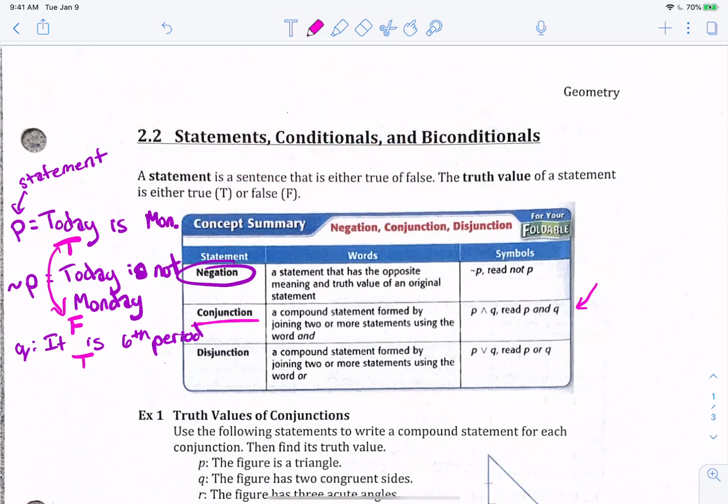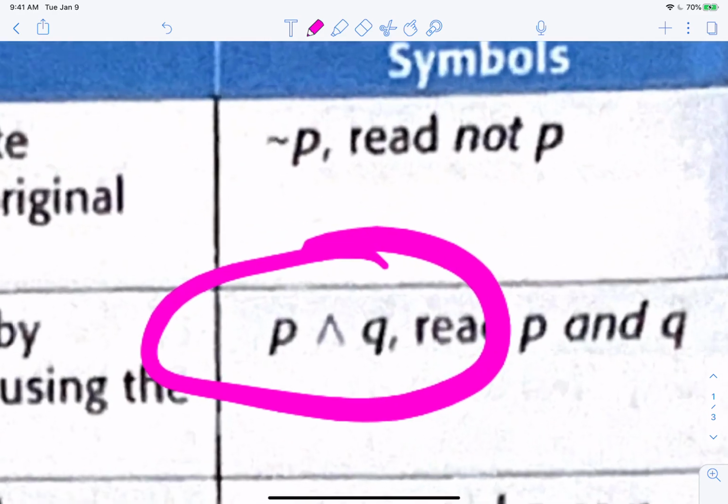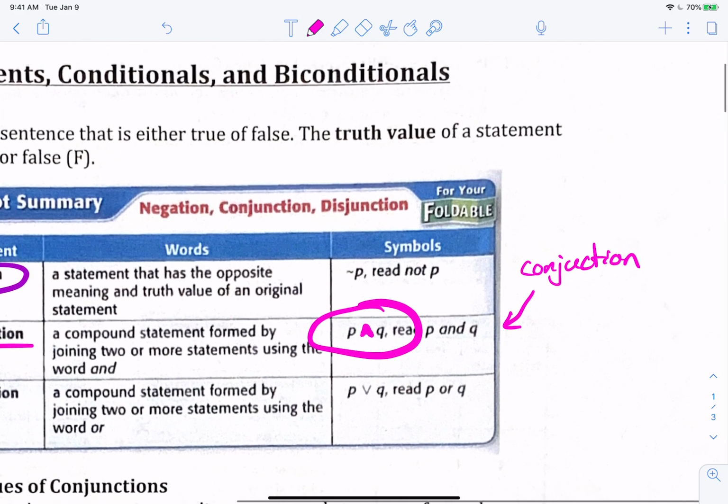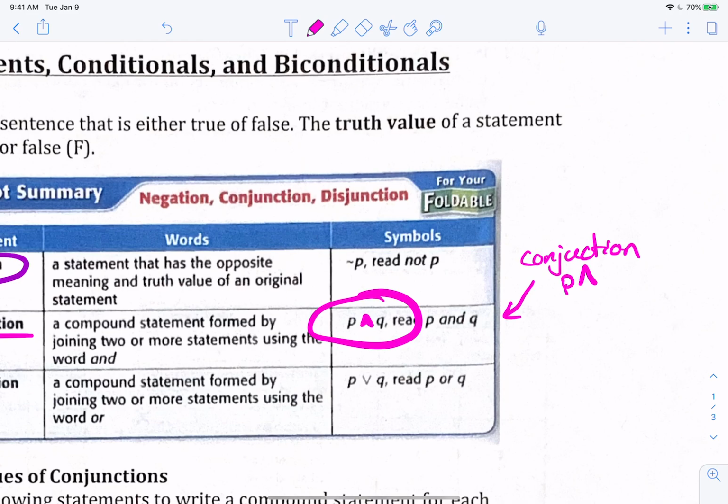Now I'm going to write a conjunction over here. The conjunction reads P, and then there's this little hat, or this little upside-down V. That is an "and." This reads P and Q. What that will read is, "Today is Monday and it is sixth period."